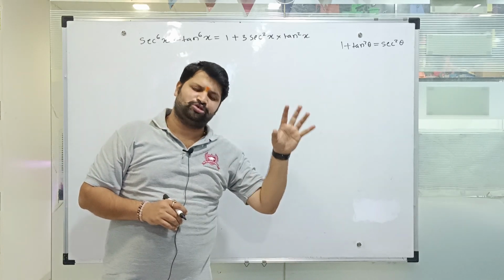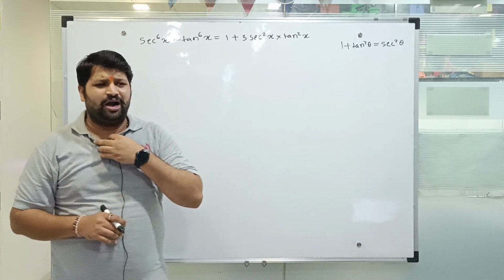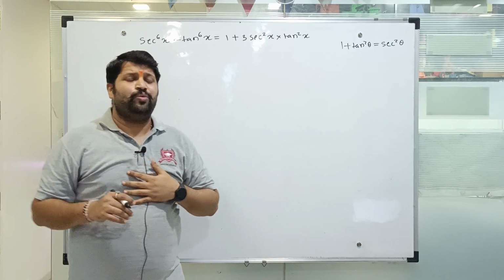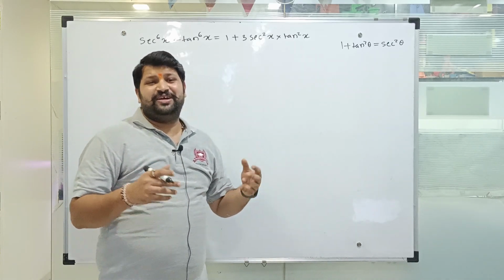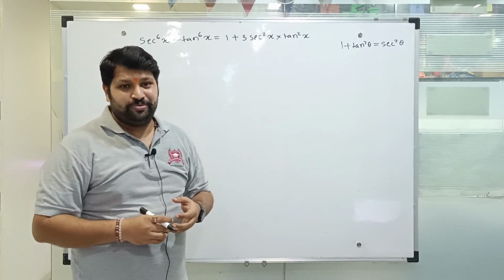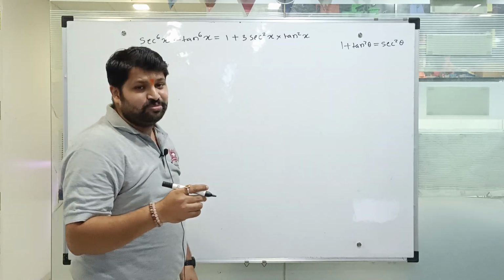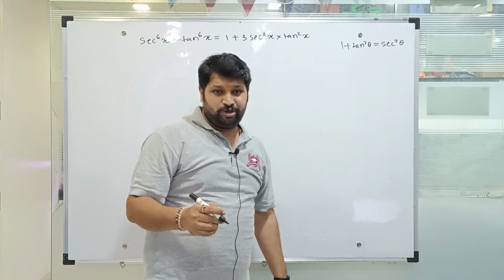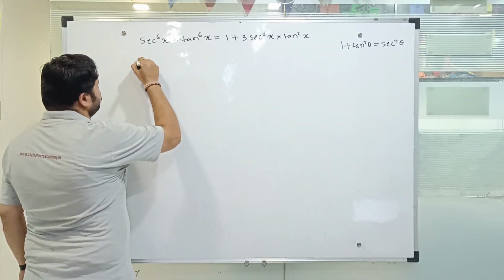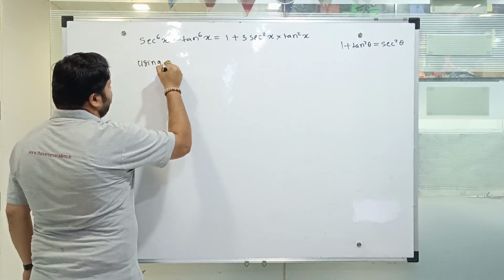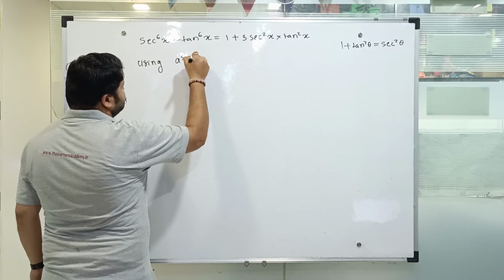This property was taught to you in 8th and 9th standard under the topic factorization, where we studied factorizing cubes of numbers. The property was for a cube minus b cube.